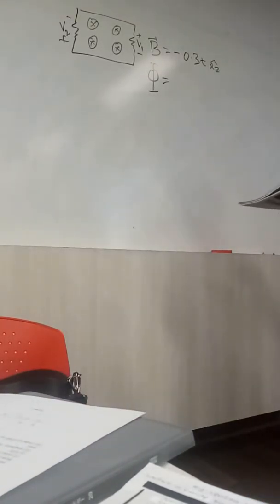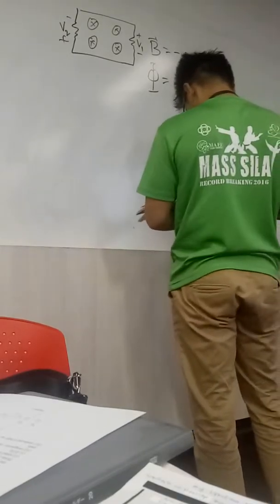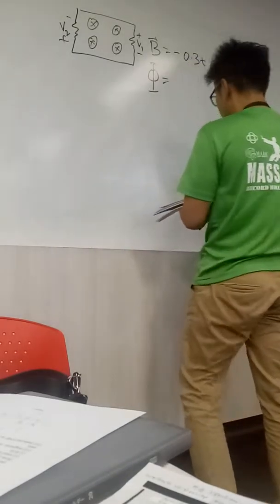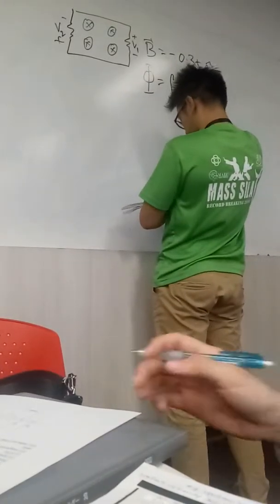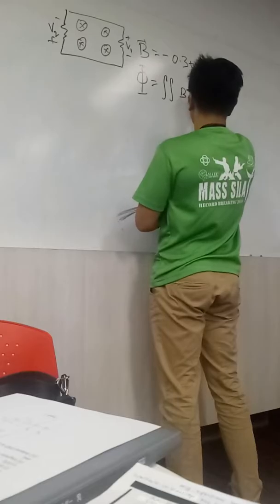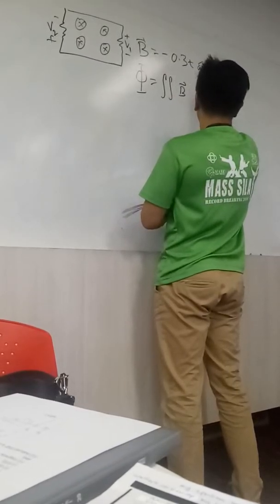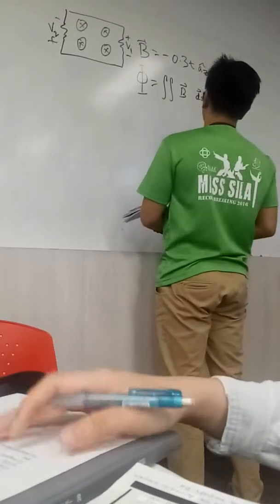So Sub is going to find us the total magnetic flux passing through this rectangular loop, yeah? He's going to do that by integrating the magnetic flux density over this surface area vector, yeah?